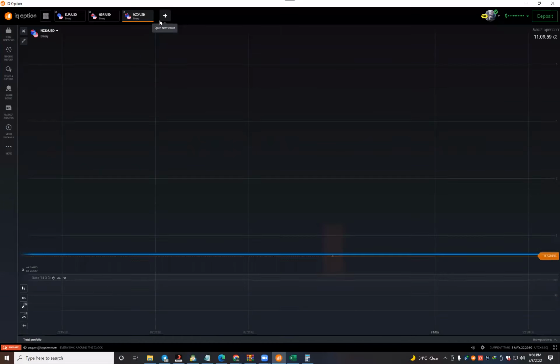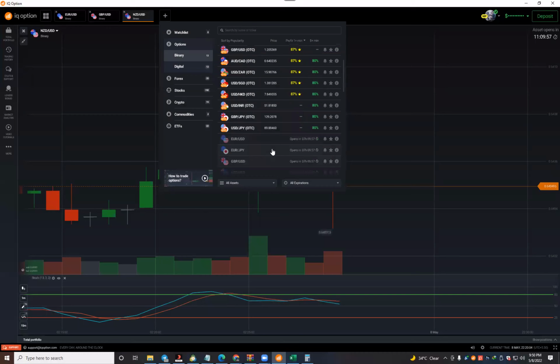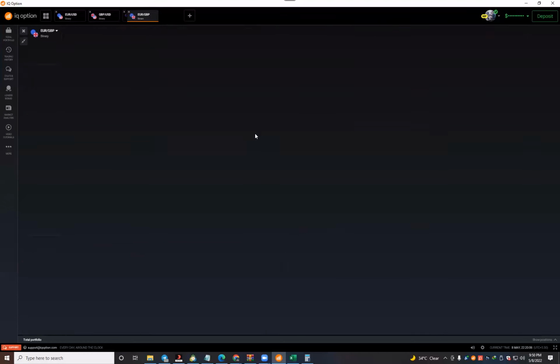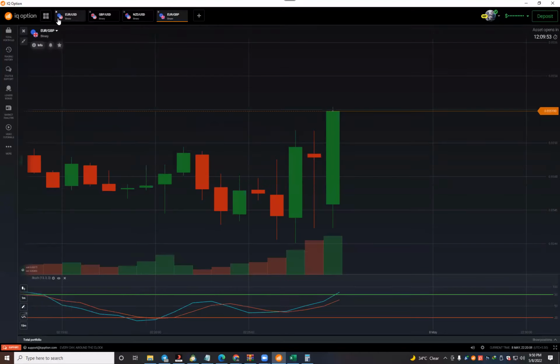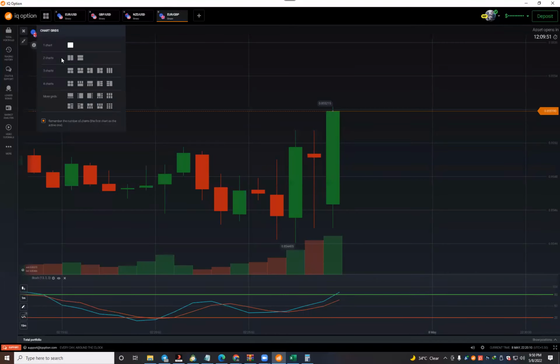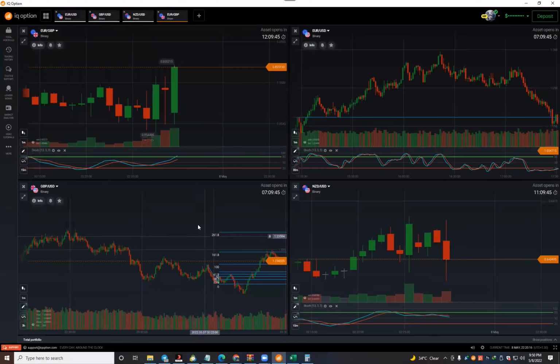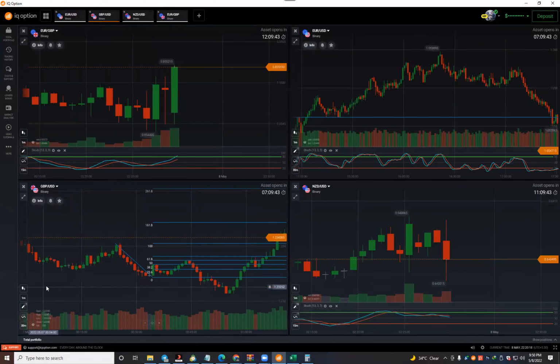NZ USD, right? The first engulfing we will find. At the same time, we will find, for example, a little bit away from each other. See here, 4 pairs, right? Yes, sir.